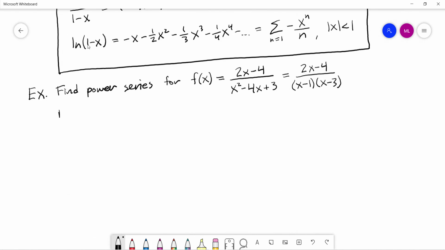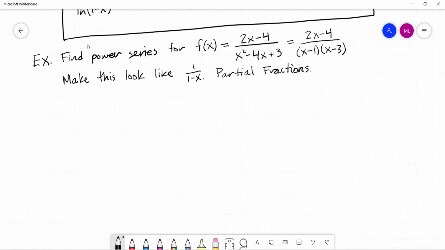So make this look like 1 over 1 minus x as much as possible. And to do that, we're going to do partial fractions. We'll get a couple of terms that look kind of like that.